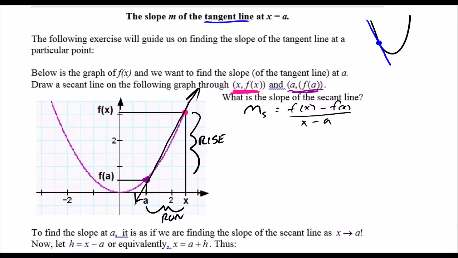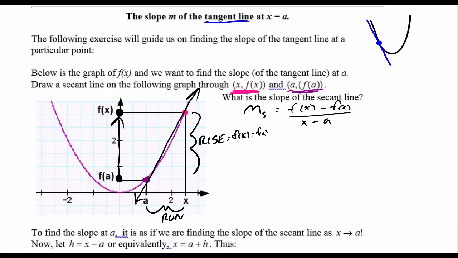So where did I get that from? I started down here and I rose up. How do I find that? Well, I just subtract f of a from f of x, and that's this distance. So rise is equal to f of x minus f of a. And how did we find our run?